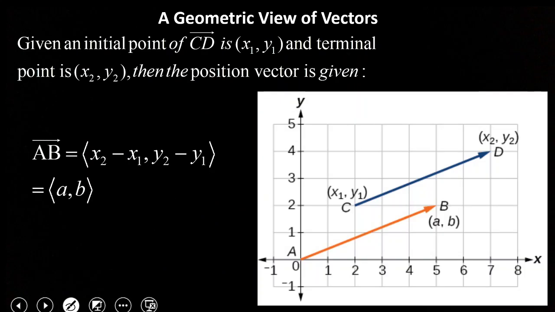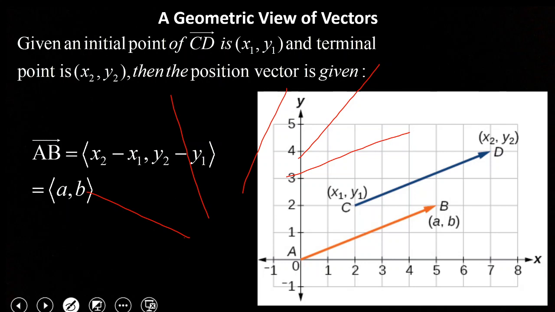So it's kind of confusing to work with vectors everywhere in the plane, right? You see, we have vectors everywhere with initial point and terminal point. So there is a way to organize all of these, and that is the standard position of a vector. So the standard position, or the position vector, is given by this.